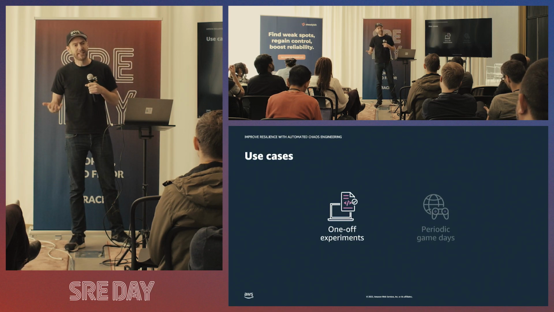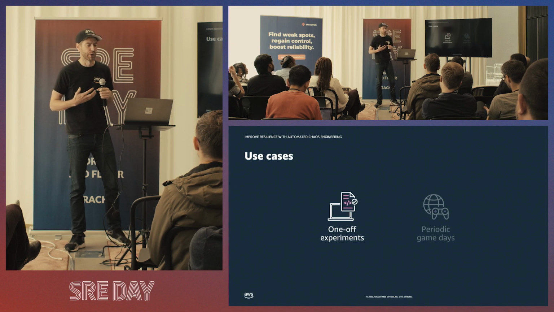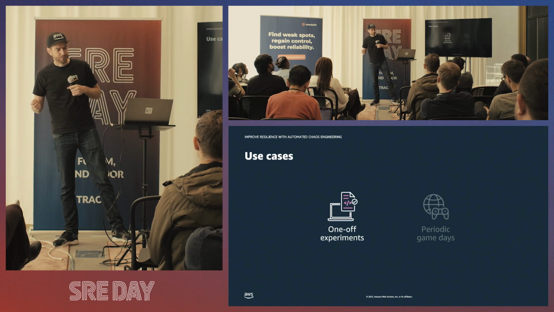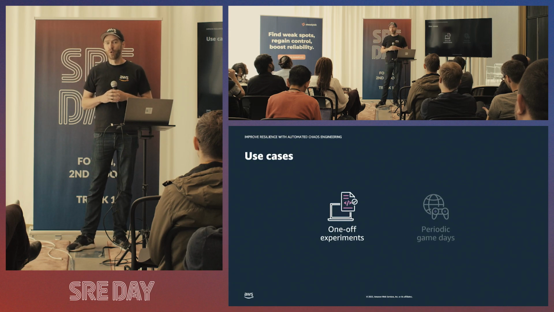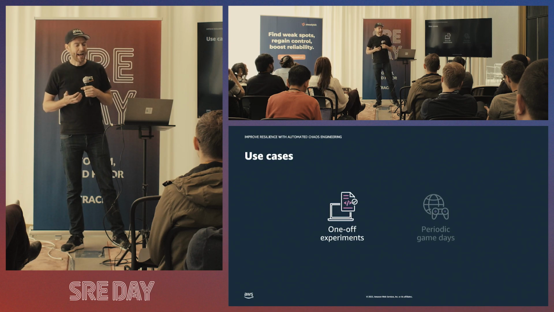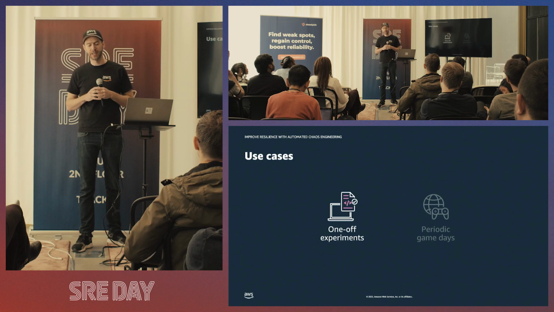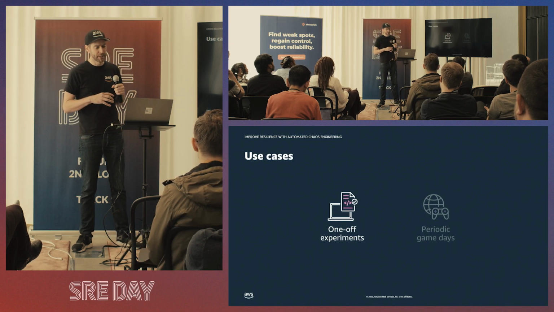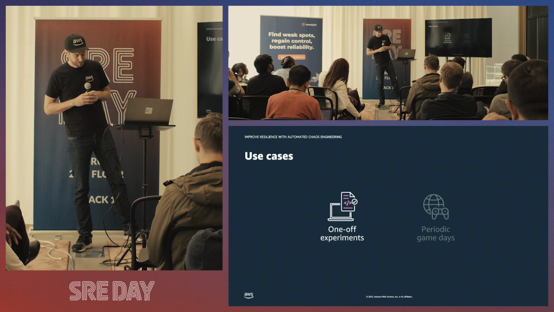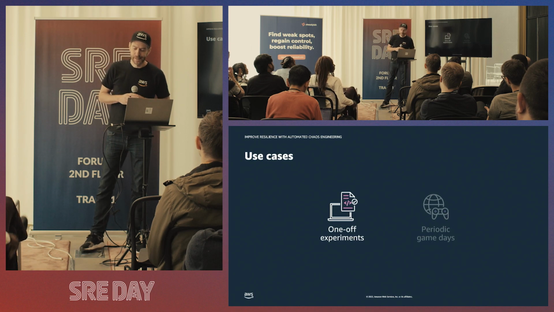Or perhaps you identify the services that have the biggest impact on your end users or customers if they go down, or if they don't function properly. And then you create experiments for those services. Or maybe you've just built a new feature or added a new service or just made changes to the code or to the architecture. And you create an experiment to then verify that that part of the system works as intended.